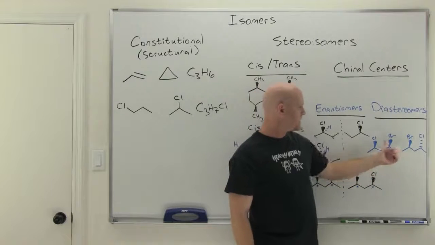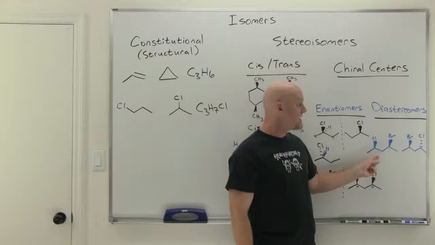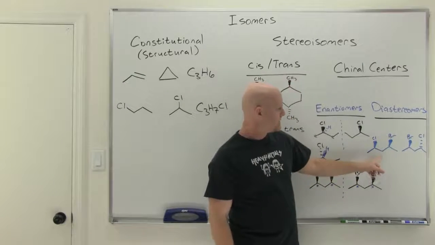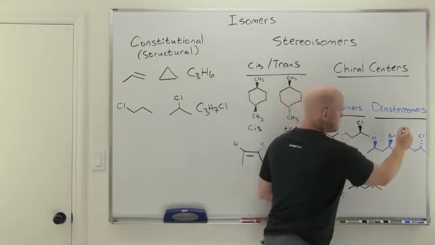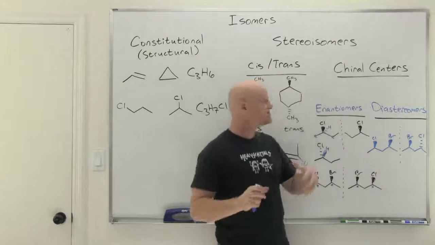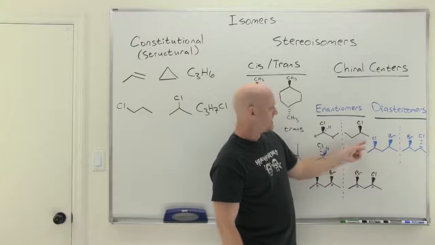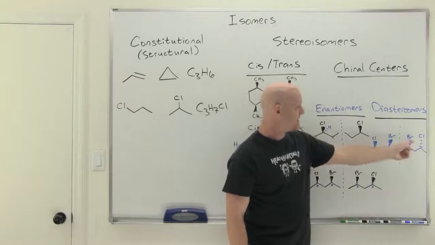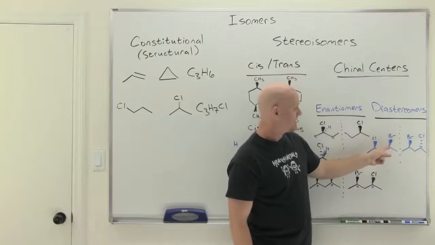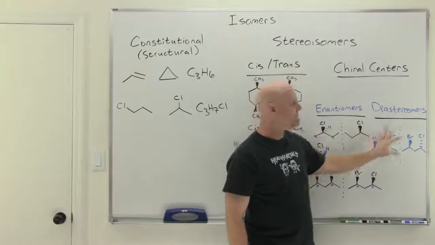Bromine's bonded one end from one end, chlorine's bonded one end from the other end, so the bond connectivity is exactly the same. But I look and I say, are they mirror images? Because they're lined up in such a way that if they were mirror images, you'd see it right now. However, the reflection of a wedged chlorine should be another wedged chlorine, not a dashed one. Now the bromines look mirrored, but the chlorines don't. So these are not mirror images.